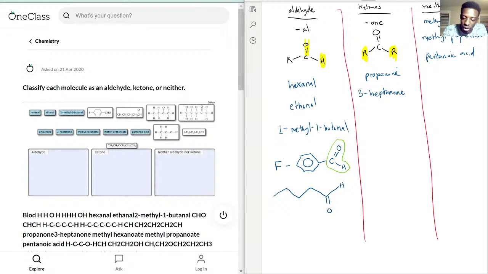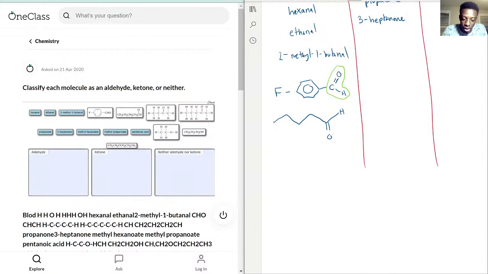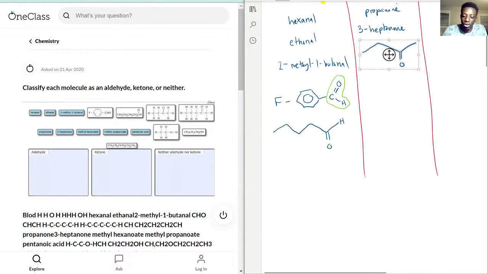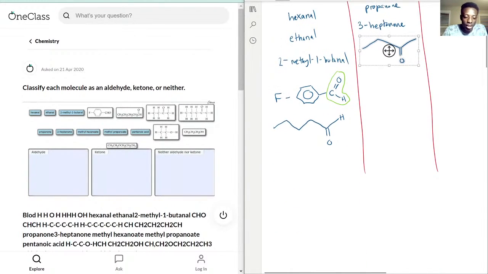If we go over to the next one, if we draw it, we get something like this: 1, 2, 3, and the oxygen is down here. But you see that there's the carbon right after it. This right here will count as a ketone, because it's not followed by hydrogen, it's followed by oxygen. So just like our picture shows, 2 functional groups on each side, that's a ketone.